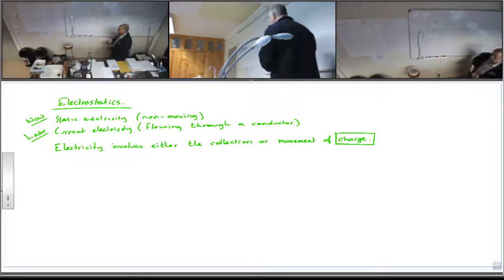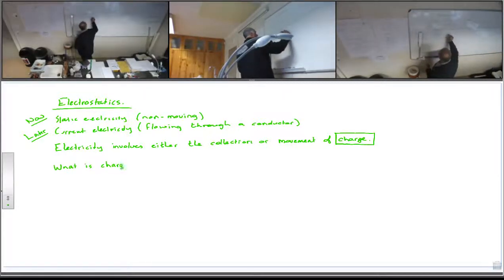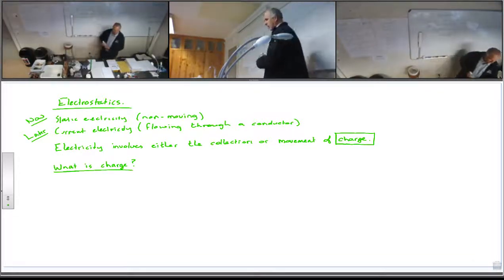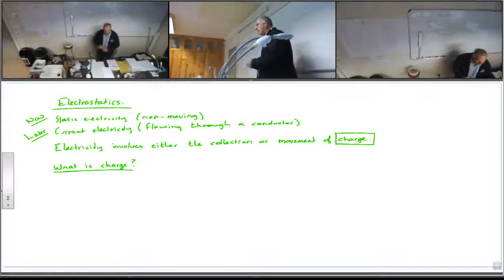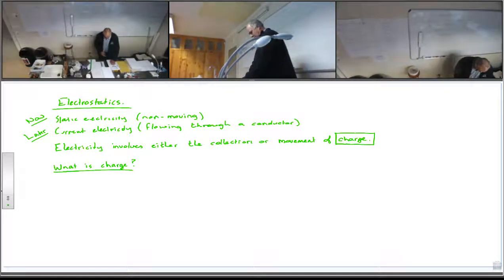It involves the collection of charge. Right. And then we got to the stage last time we met: what is charge? Scientists don't really know what charge is. We know that there are certain particles that carry charge.